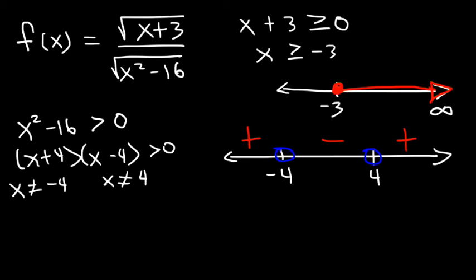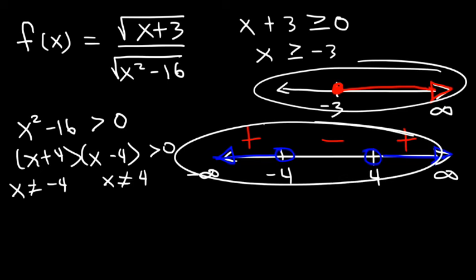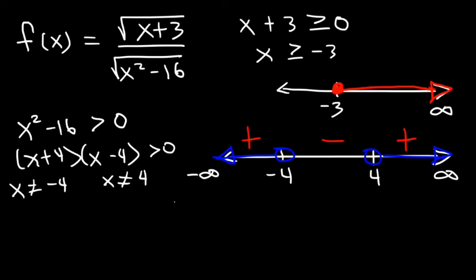Now look at this, what I get as a domain. In the first condition I saw it is minus 3 to infinity, and in the second I saw minus 4 to 4 will not exist. Hence it will be minus infinity to minus 4 and 4 to infinity. But remember, both the intervals must simultaneously occur. How to write it properly at last is a very important part of this question. Try to understand it.